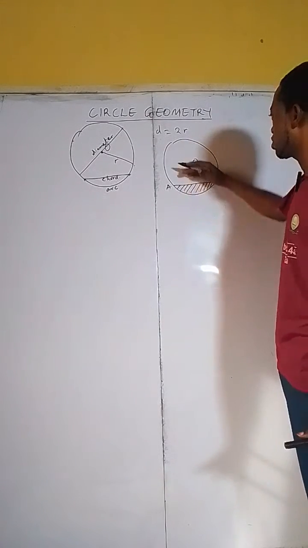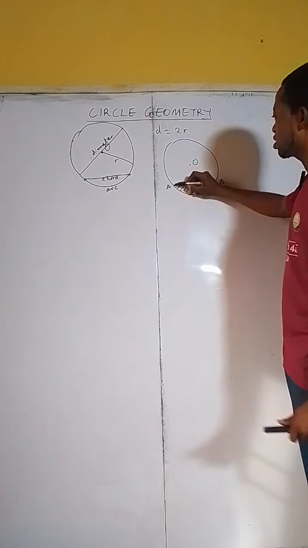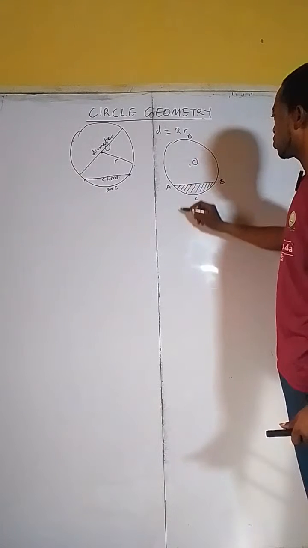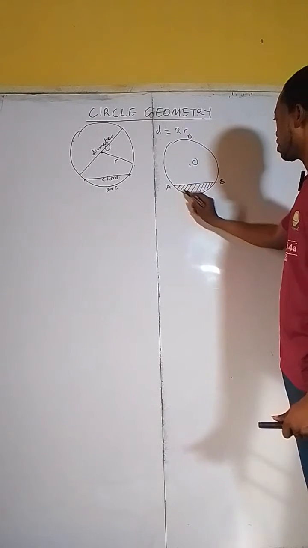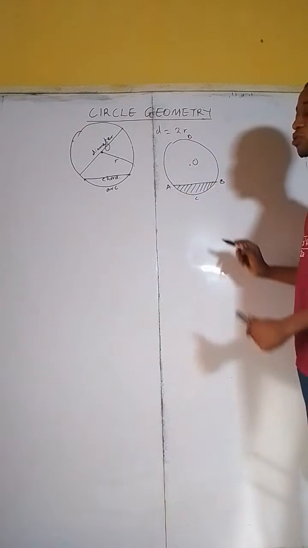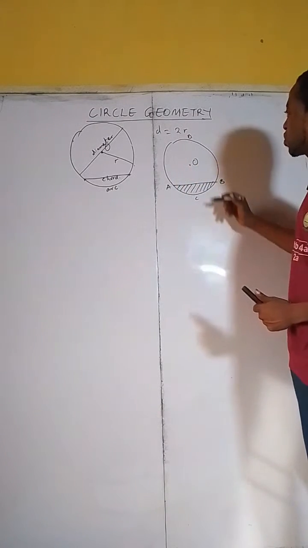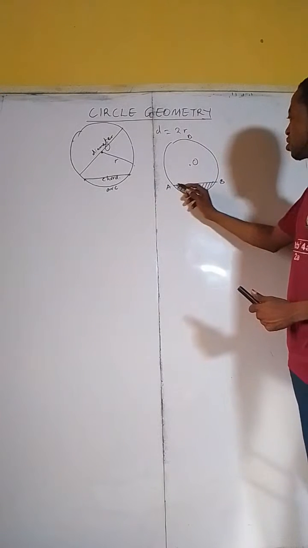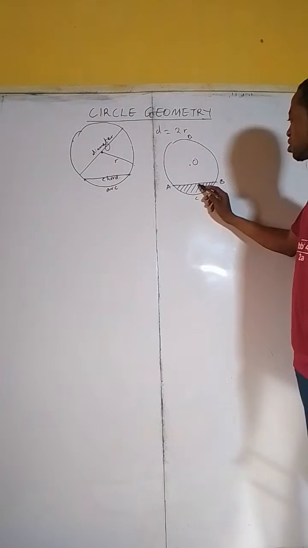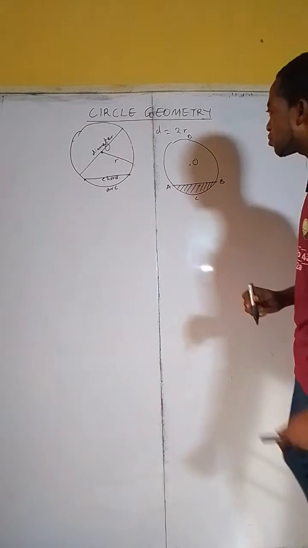We also have the major segment, that is this big arc here. If this is C, this is D, we have small arc ACB, and also big arc ADB. So these are parts of the circle. So we have two segments cut out by this chord, the minor and the major.